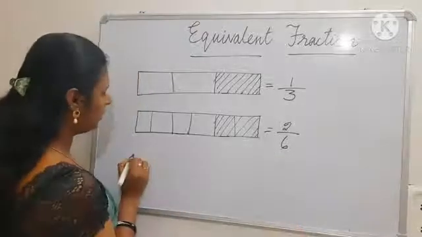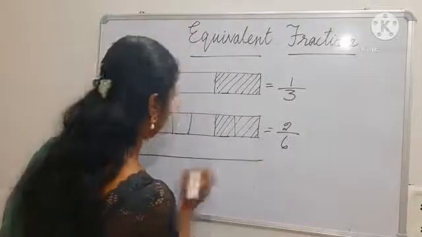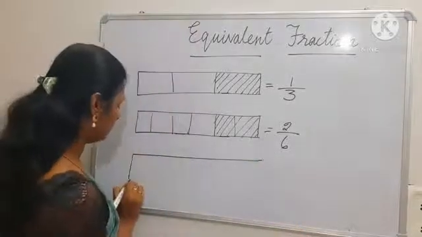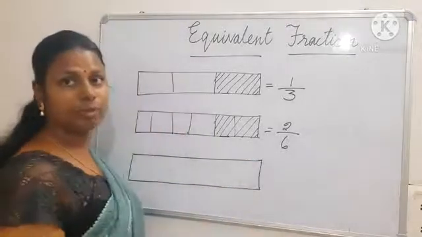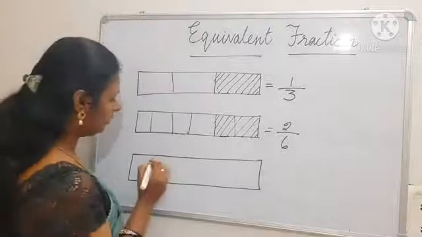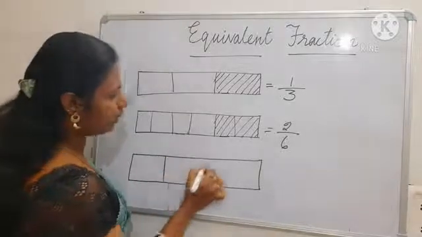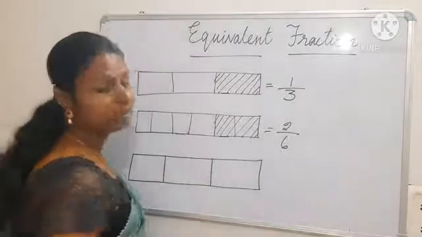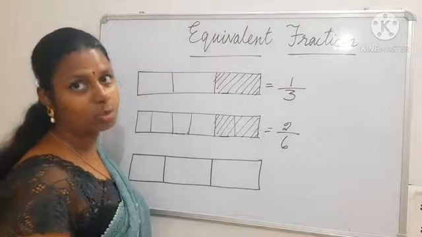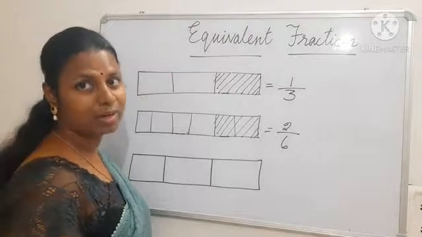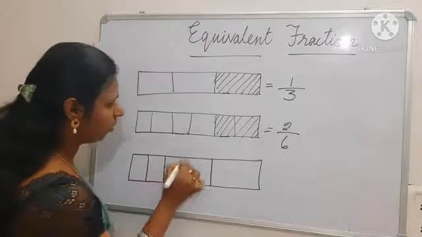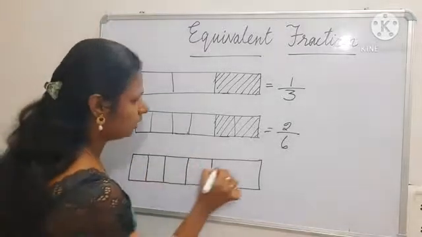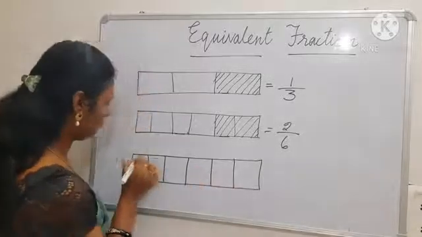Now let me take the same rectangle. Now I am going to divide it into 12 parts. Already it was 6, now 12.